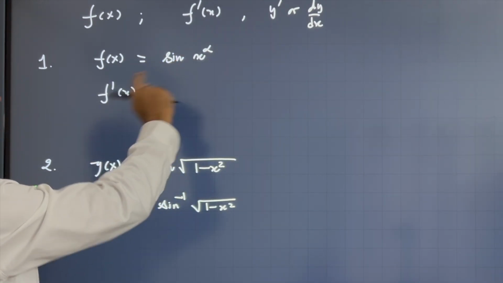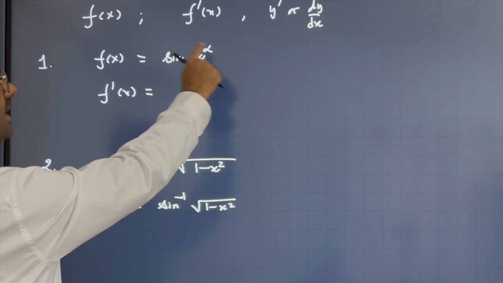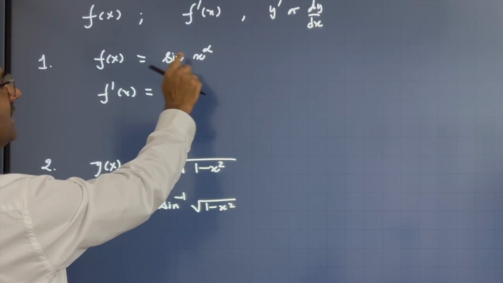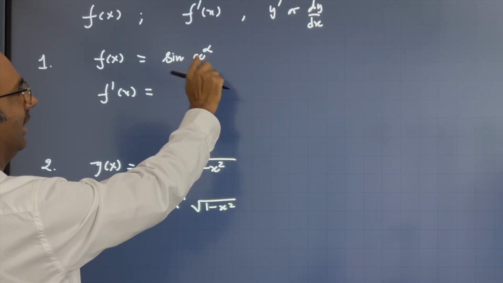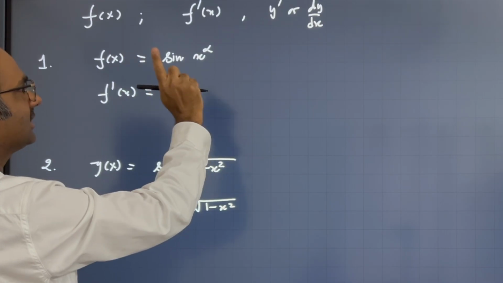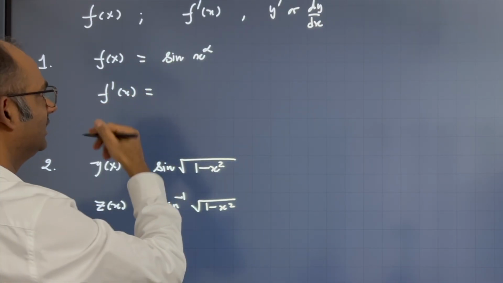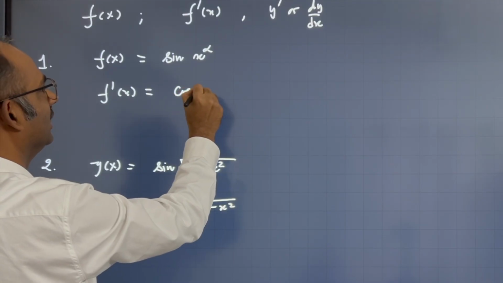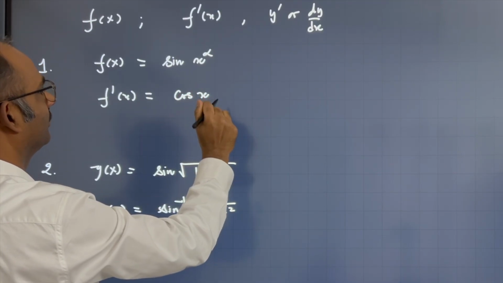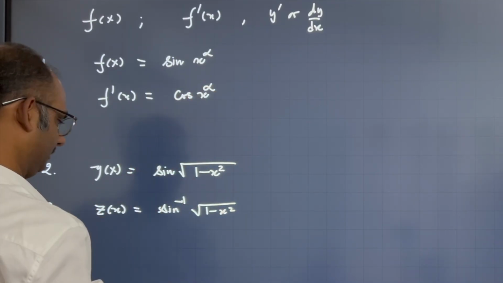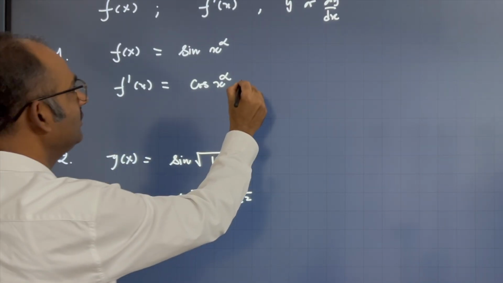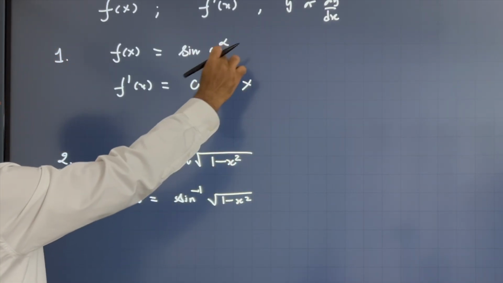So we'll use chain rule, differentiating sine of whatever that argument is. So let's call it sine of u, where u is equal to x to the alpha. So d sine u over du is cos of u, but u is x to the alpha, so it becomes cos x to the alpha, times the derivative of this.